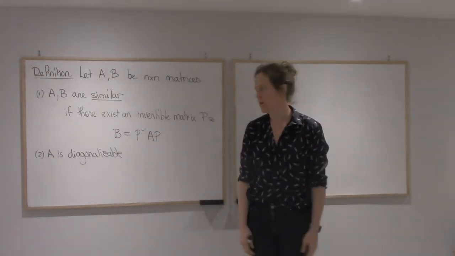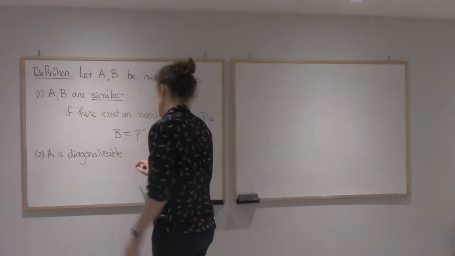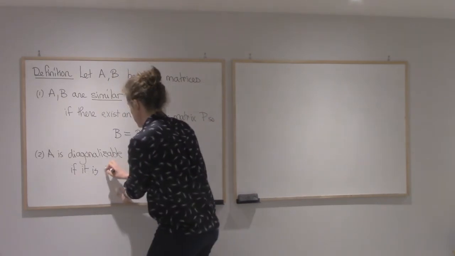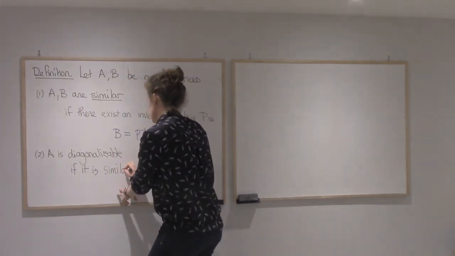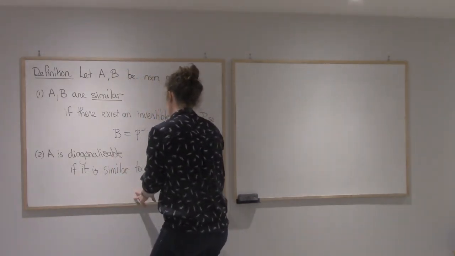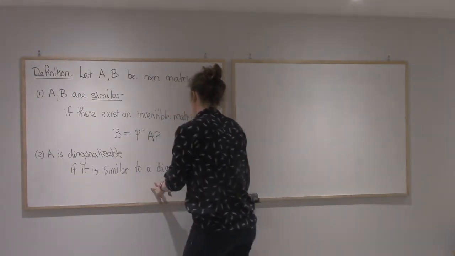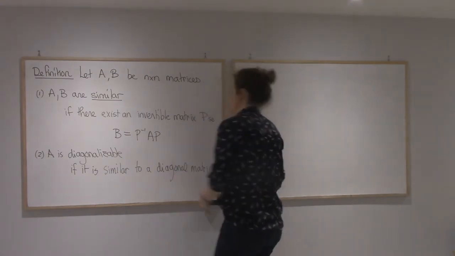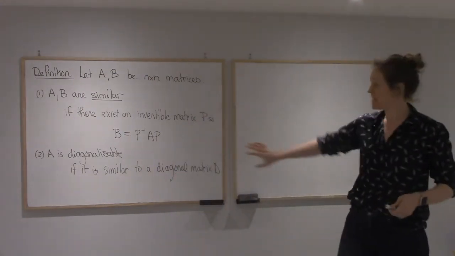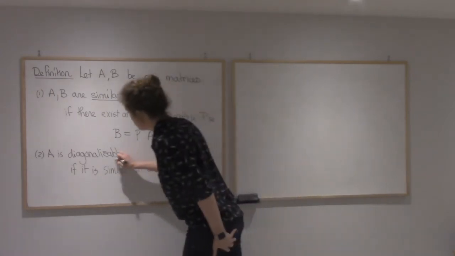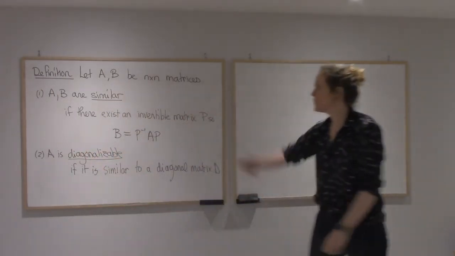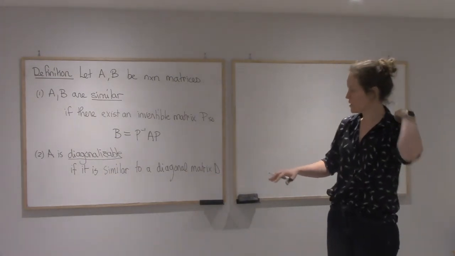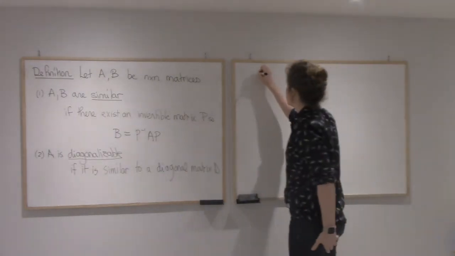So A is diagonalizable if it is similar to a diagonal matrix. Let me spell it out because that's really the one we're going to care about the most this section. This one is interesting as well, but we'll work on this one throughout, trying to figure out when it's possible, when it isn't.